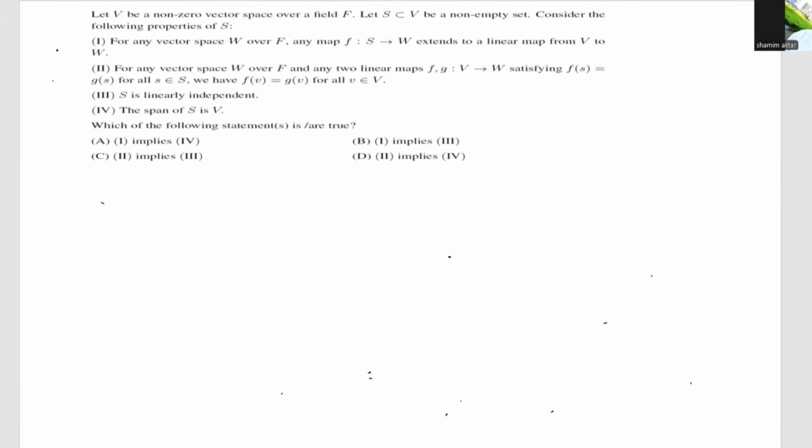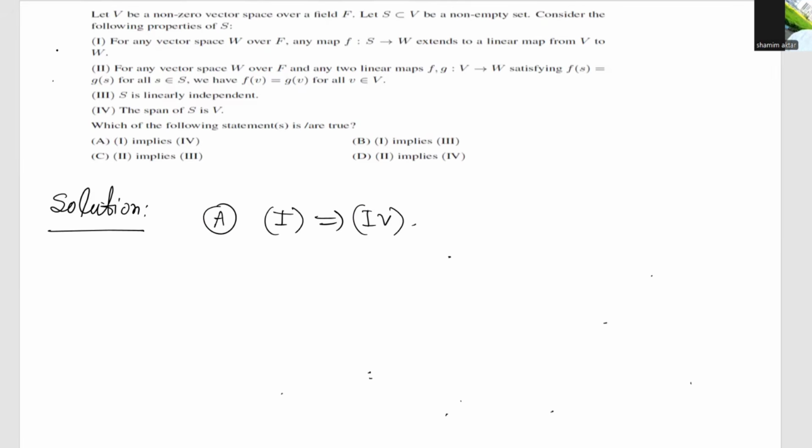Okay, now first option. Now solution. Now option A: statement 1 implies statement 4.